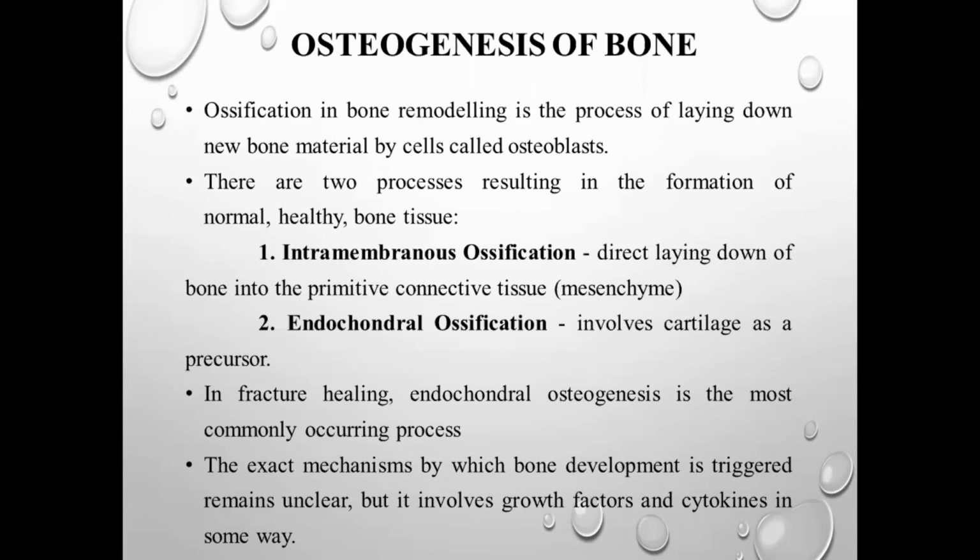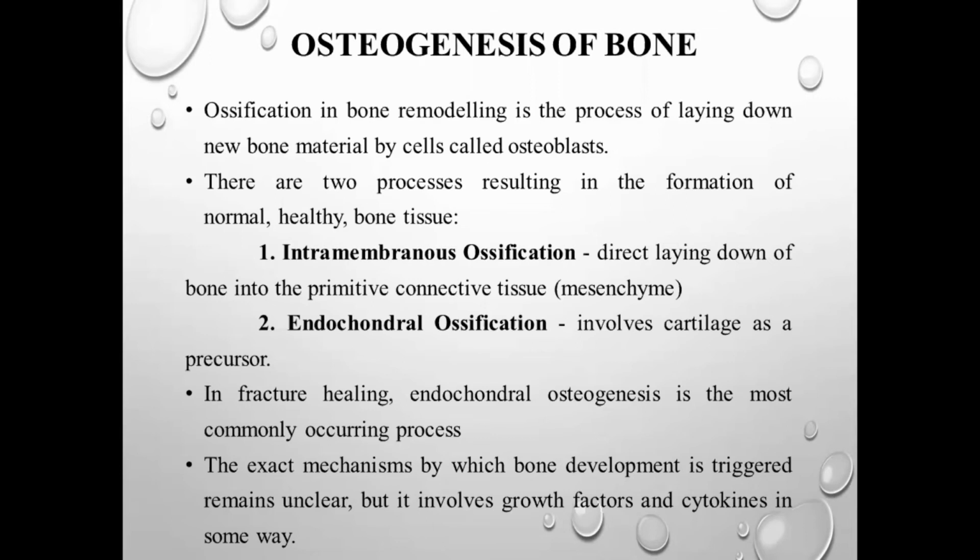There are two processes resulting in the formation of normal healthy bone tissue. The first one is intramembranous ossification, and the second one is endochondral ossification. These are the two major processes which play a major role in the formation of the bone, either in the fetus or in the fracture case in the adult or in the infant also.